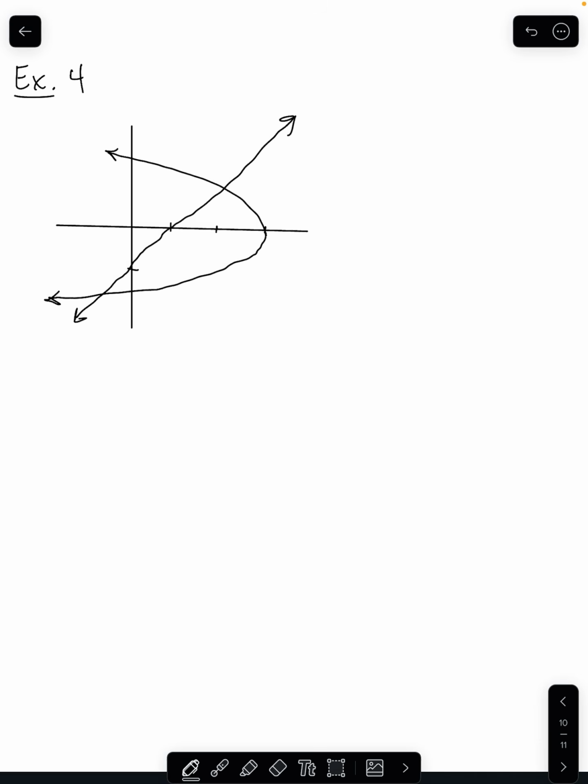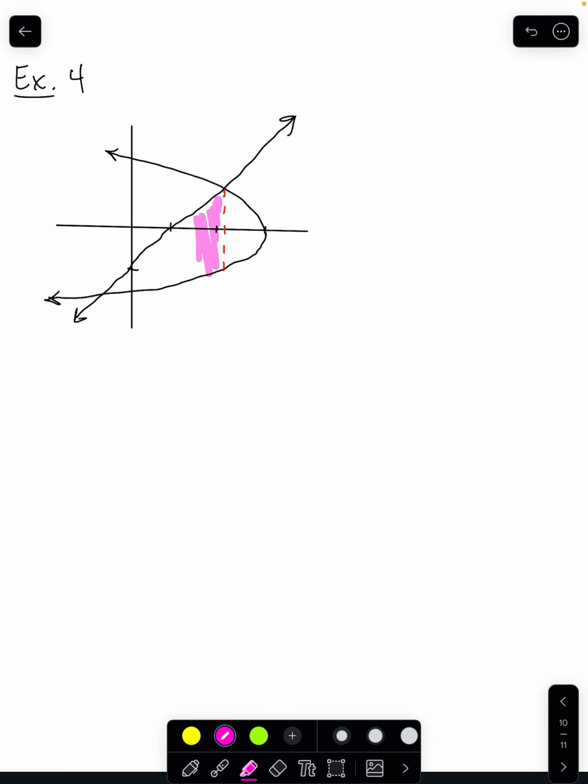More specifically, we would have to treat it as two separate regions, because in the first region, the linear function is bordering the top of the region, while the sideways parabola is bordering the bottom of the region.